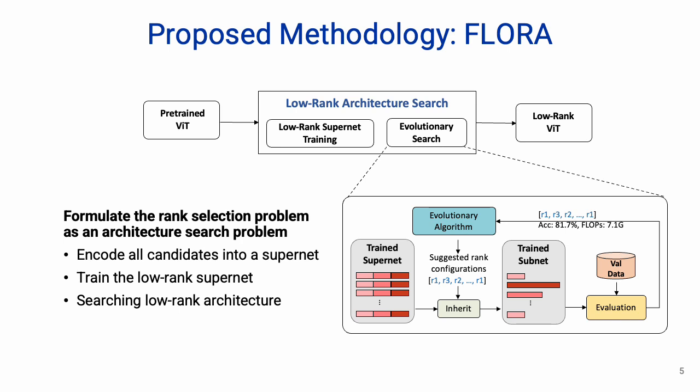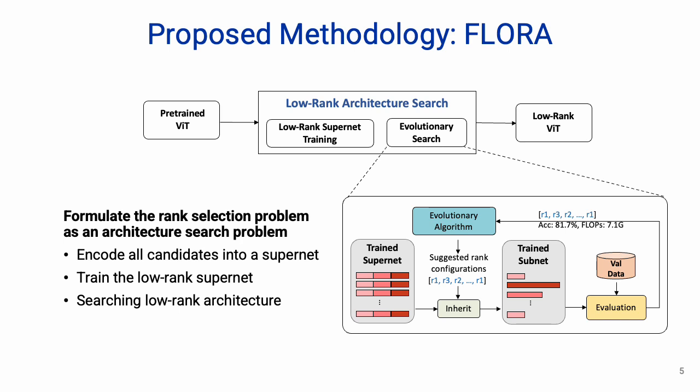To navigate such a huge search space and identify a suitable rank level for each compression target within the vision transformer, we novelly formulate the rank selection challenge as an architecture search problem. This is because selecting the rank level is analogous to selecting the low-rank architecture. In our framework, we begin by encoding the low-rank search space into a supernet.